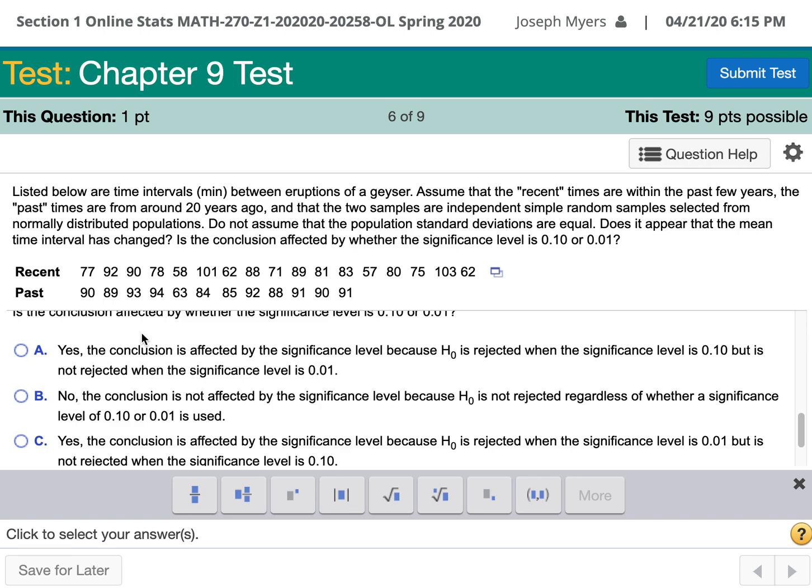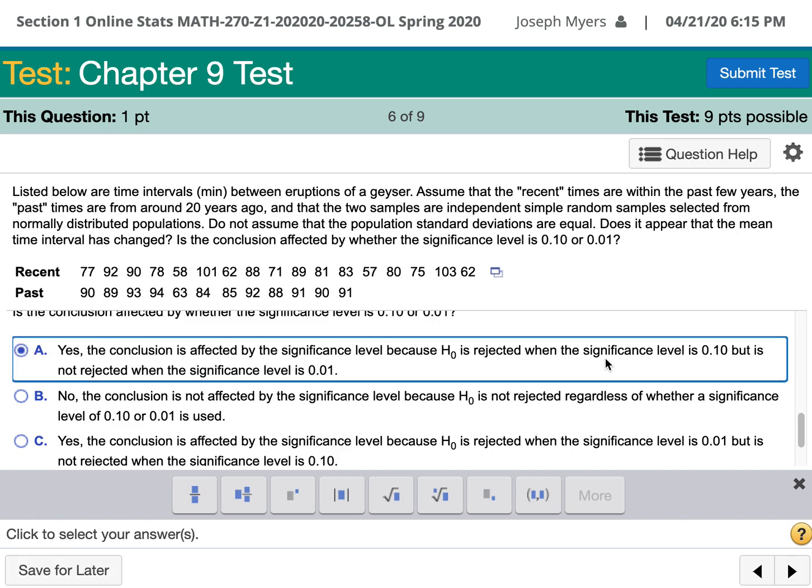The conclusion is affected by the significance level because the null would be rejected when the significance level is 0.10, but it would not be rejected when the significance level is 0.01. That's because the p-value is less than 0.10, but the p-value is bigger than 0.01. So rejecting or failing to reject the null hypothesis can be affected by the significance level.